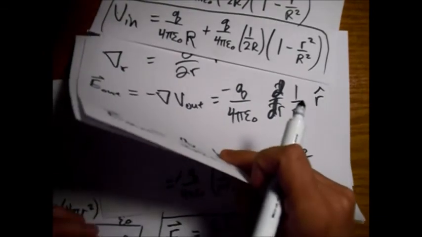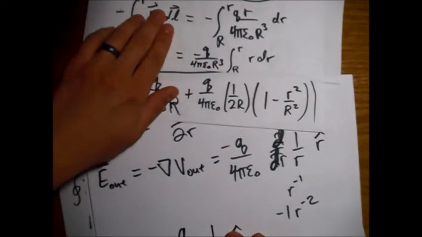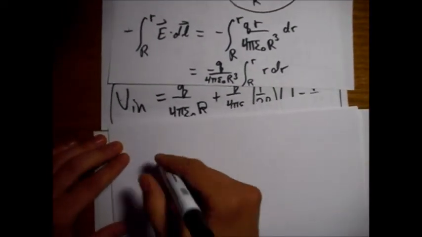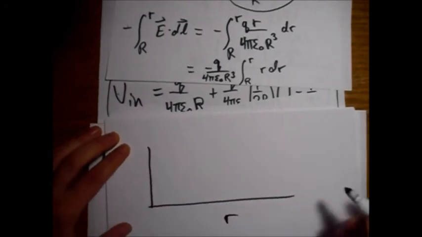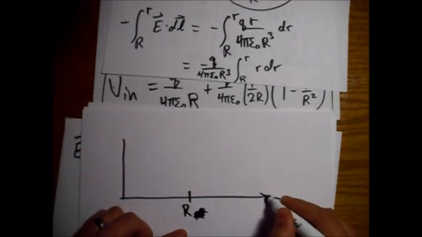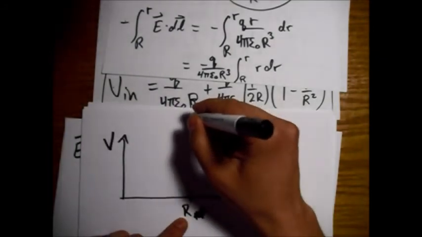All right, the final part is to just sketch V as a function of R. So we have some point here where it's going to change its behavior, right?